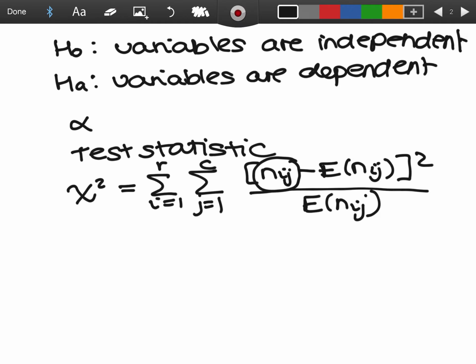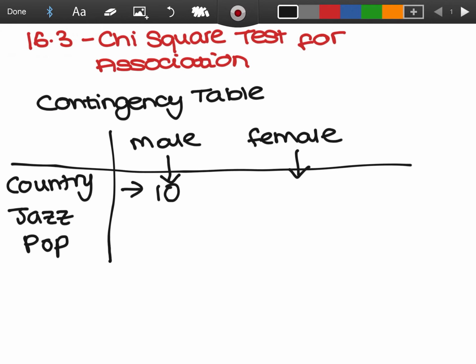So if we go back here, if you had N_3,2, that would be the number of people that fell in row 3, column 2. So it would be the number of people in that particular cell in the table.